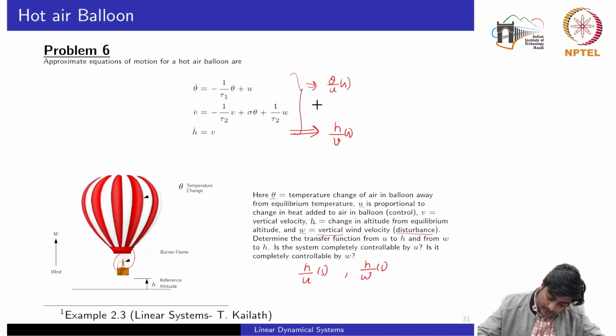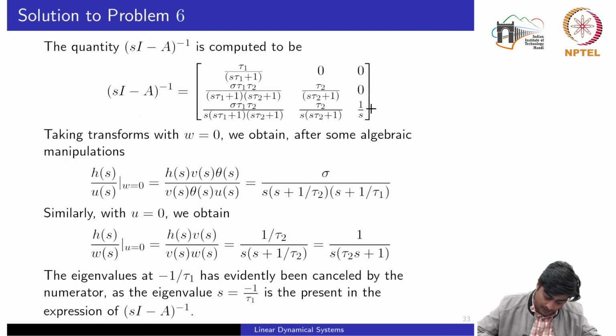And from here I can compute V by theta and V by W individually. Okay. Now putting all these expressions H by V, V by theta and theta by U together, we obtain this transfer function.